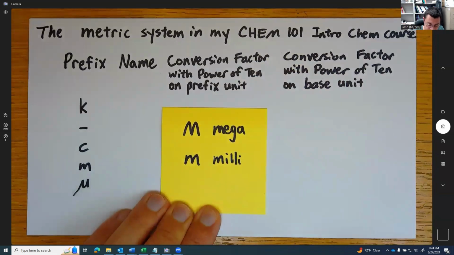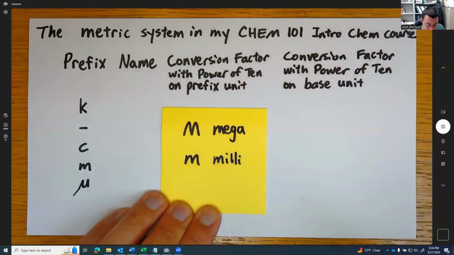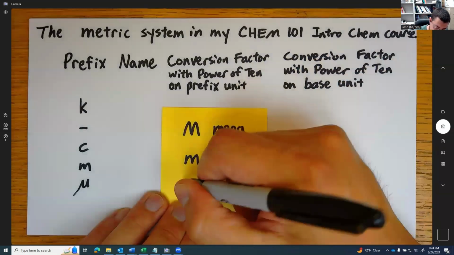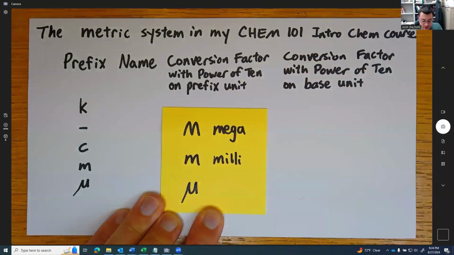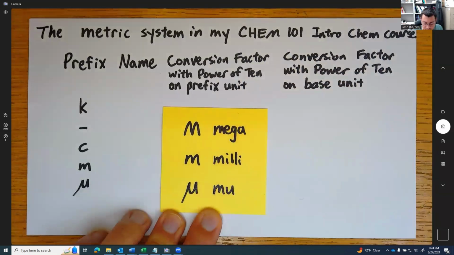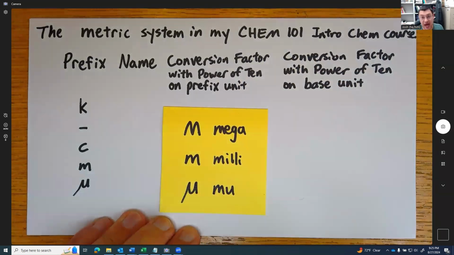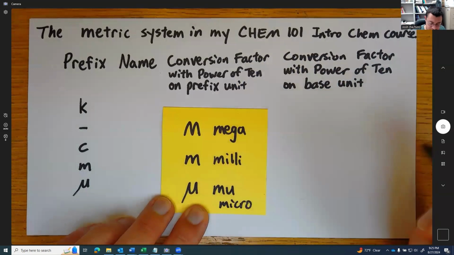So in this Latin alphabet, we are out of m's. But we got the Greek alphabet to the rescue. This is mu, which can be used to make an M sound as well. And mu, we're going to see, is going to be used for micro.